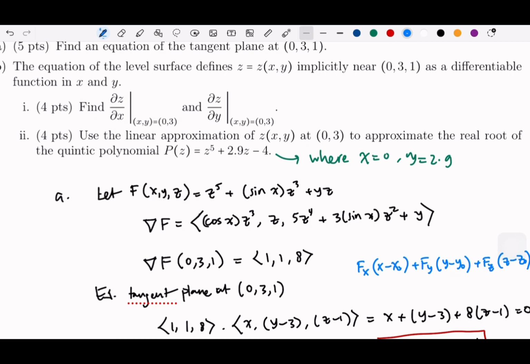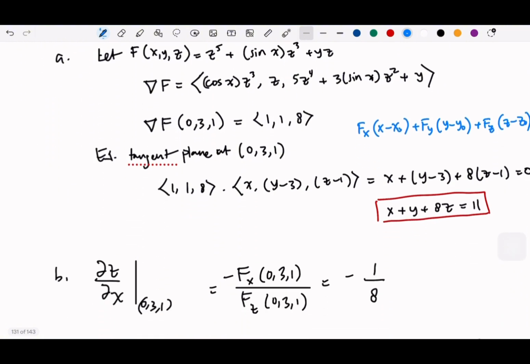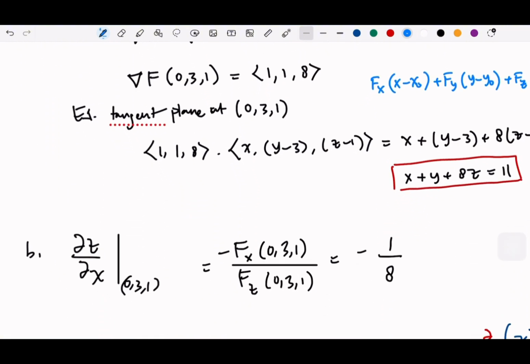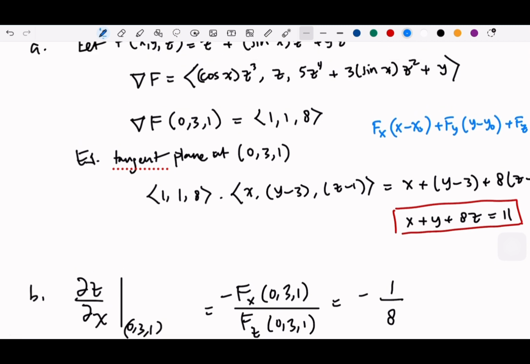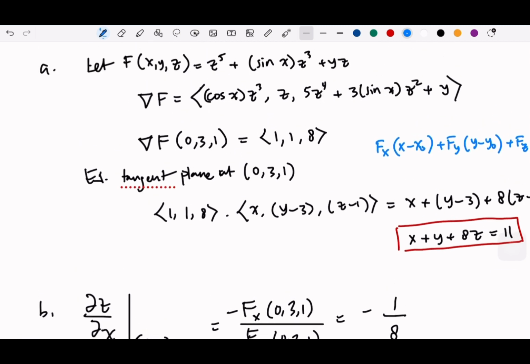So the short way: if we take the partial z partial x at this point, we could use this formula. I think I gave this a couple of weeks ago. Basically we just take (0, 3, 1) into the partials up there. So this is partial x, partial y, partial z; I will write them down so that you are able to see.